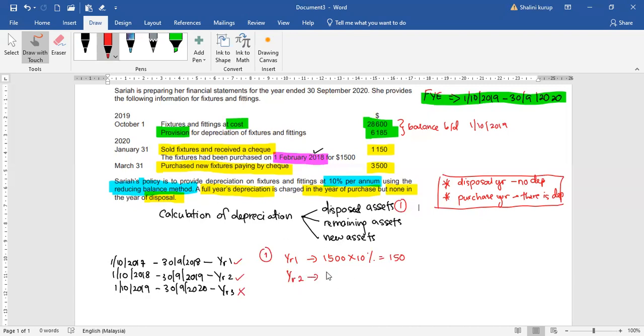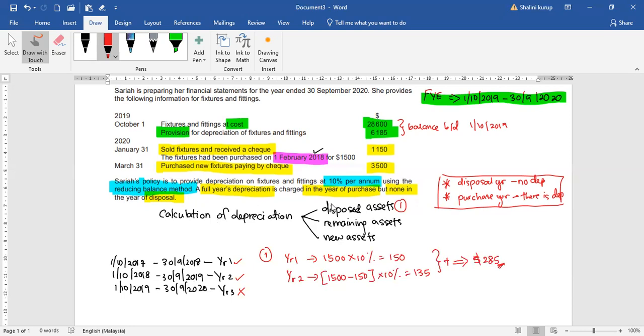Remember, it's a reducing balance method. So you take your cost, which is 1,500, you minus your 150, then you times 10%. You will get 135. So these two added up, you get your answer, which is 285. This is the depreciation for the disposed asset. So I hope you are clear.